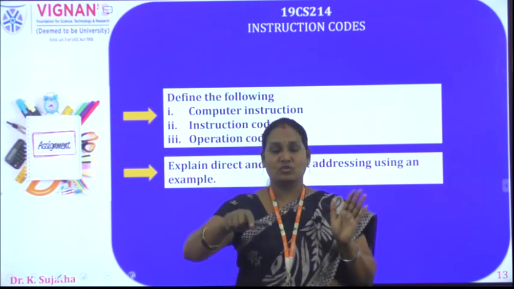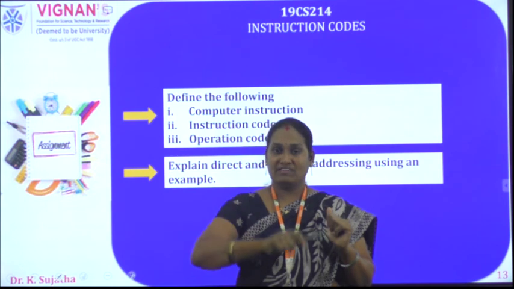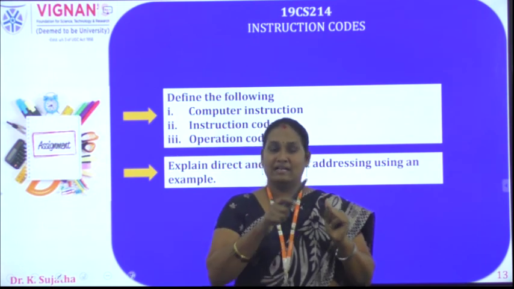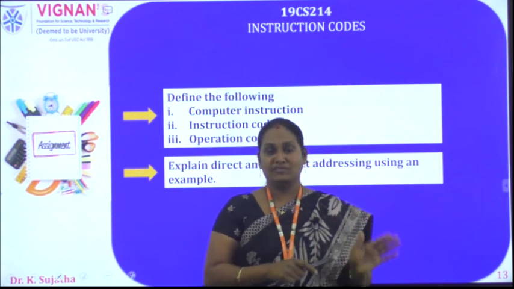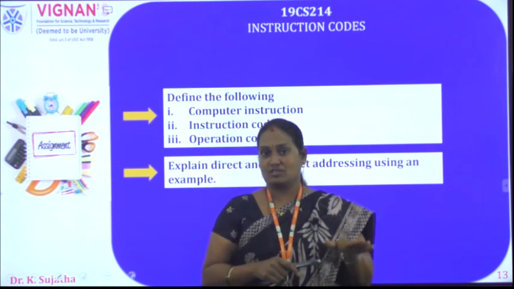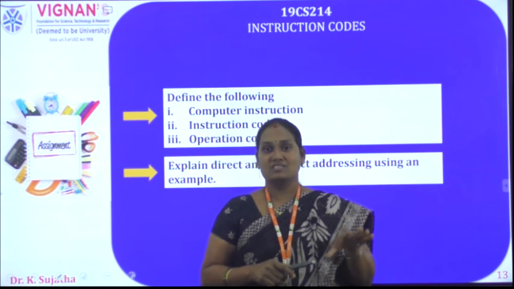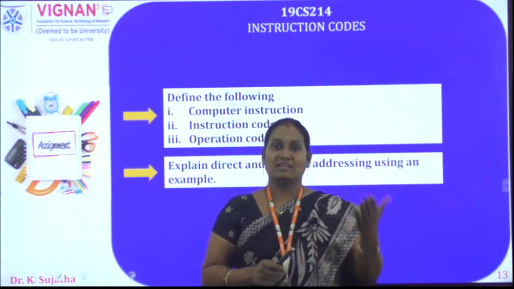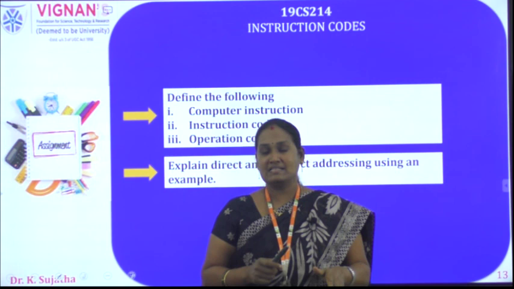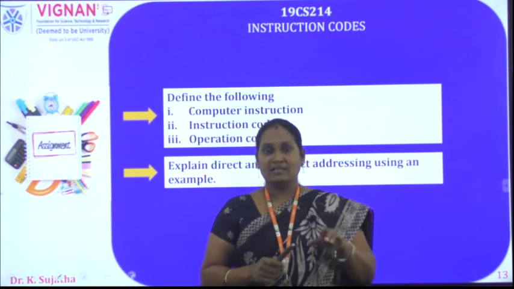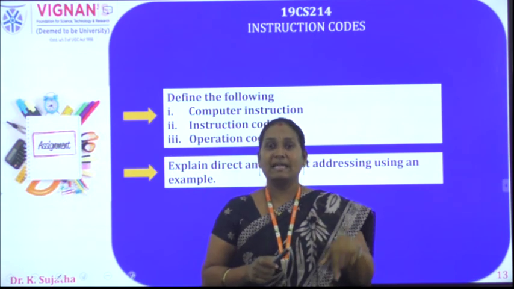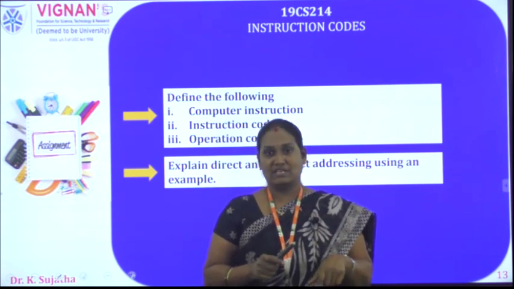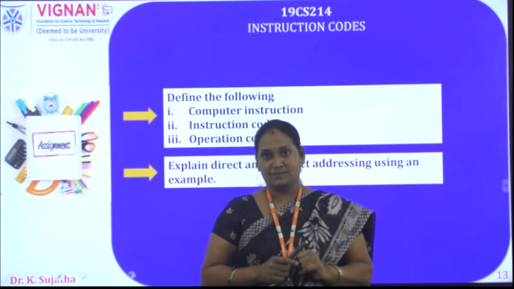That is, in the 16-bit instruction code, 0 to 11 bits are used for the address, 12 to 14 bits are used for the opcode, and the 15th bit is used for the mode bit. That mode bit is used to differentiate whether the given address is direct addressing or indirect addressing. Since here we allocated only 3 bits for the opcode, we can represent 8 operations.